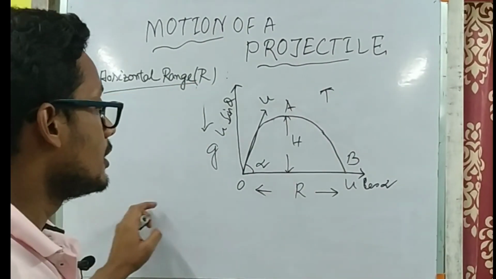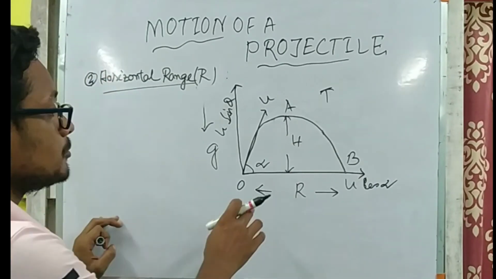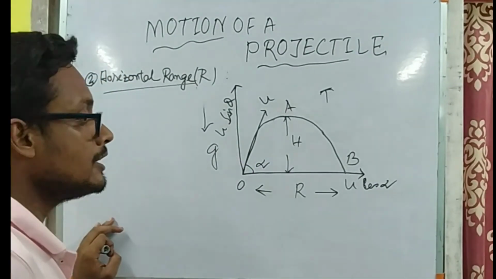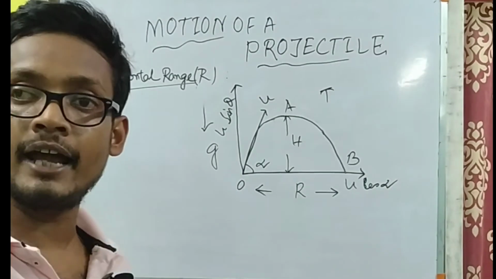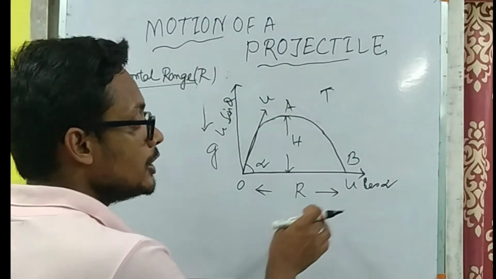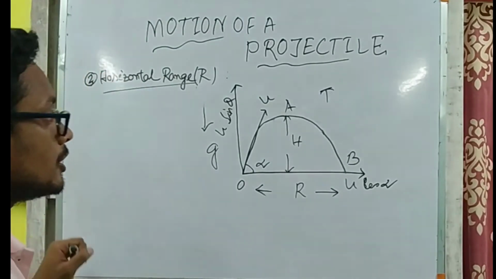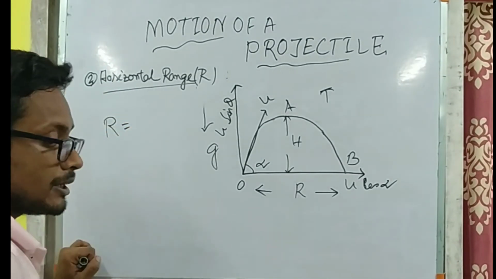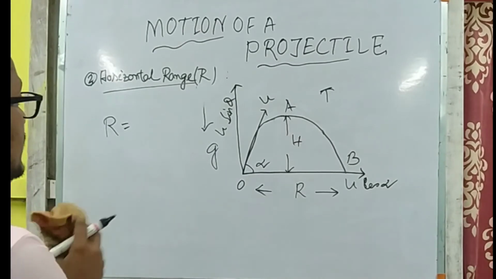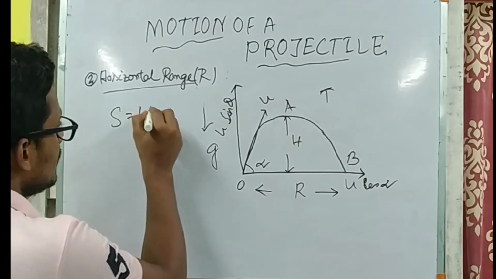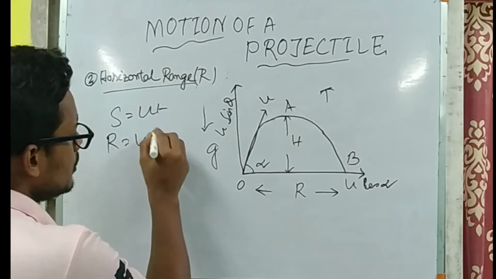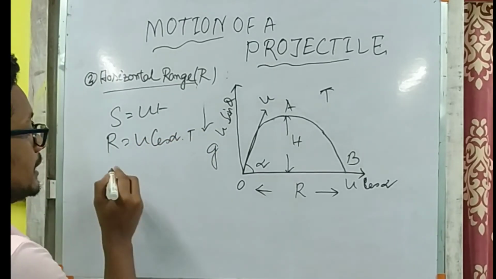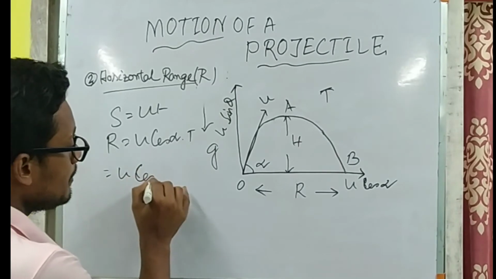Look at the figure. When the particle is moving horizontally, no vertical component of velocity will act on it. So the only velocity acting on this projectile is the uniform horizontal velocity. Here r is a distance. Using s is equal to ut, we can find r is equal to u cos alpha into t.